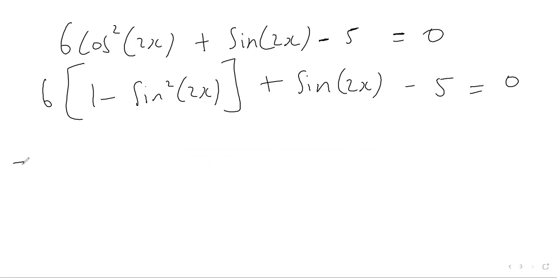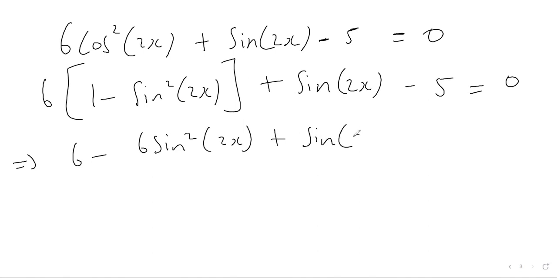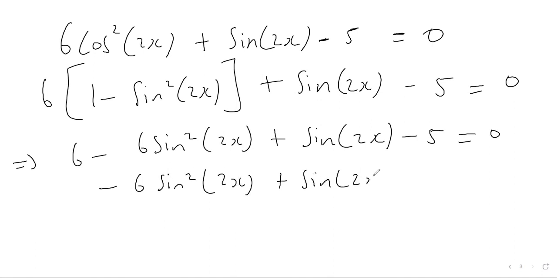We can now expand the brackets. So we get 6 minus 6 sine squared 2x plus sine 2x minus 5 is equal to 0. I can then say that this is minus 6 sine squared 2x plus sine 2x.